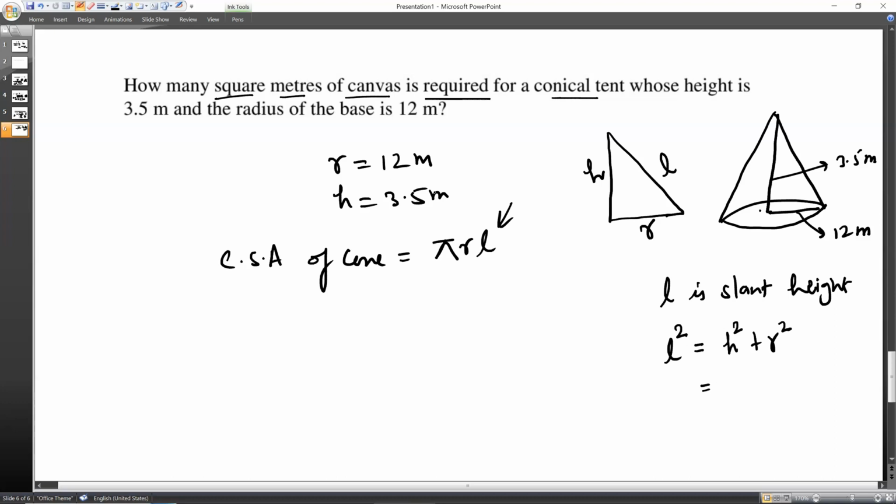I can write 3.5 as 7 by 2, because otherwise if I write 3.5 square, I have to square 35. But if I write 7 by 2 whole square, it will be much easier for me. And this one 12 square. Then very easily you can write 49 upon 4 plus square of 12 is 144 upon 1, just multiply by 4 and here also by 4.